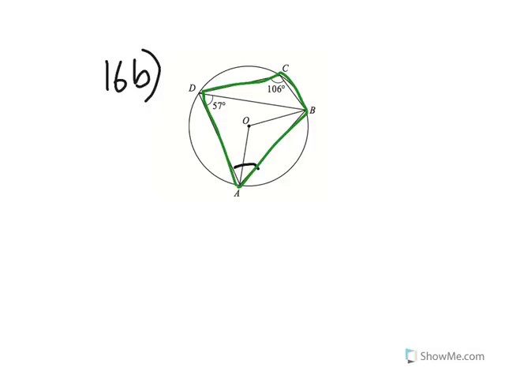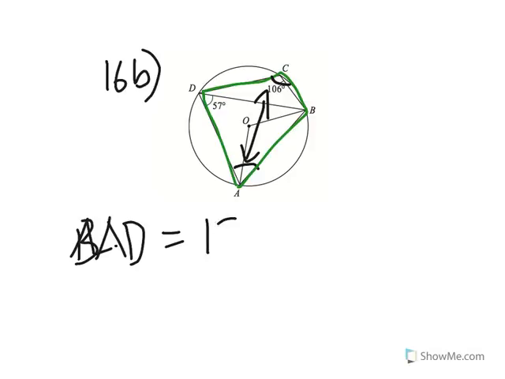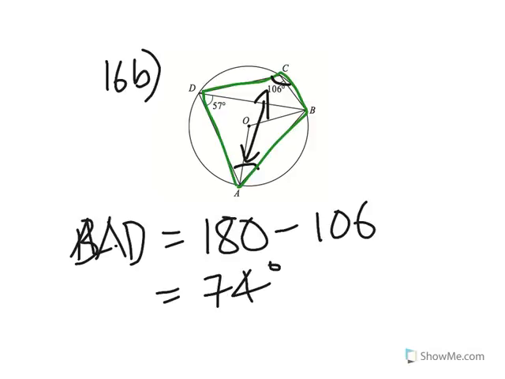So what happens in a cyclic quadrilateral is that opposite angles add up to 180 degrees. So this and this is opposite. So that means that, not AOB, this time it's BAD, angle BAD is equal to 180 minus 106. And so that is 74 degrees.